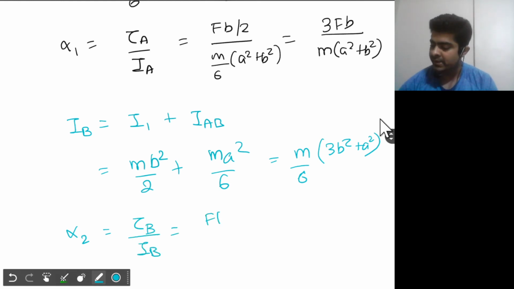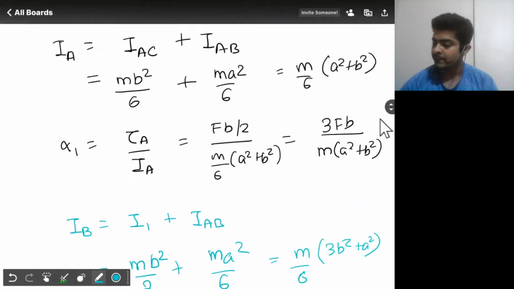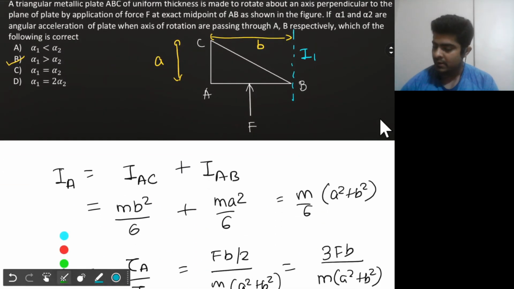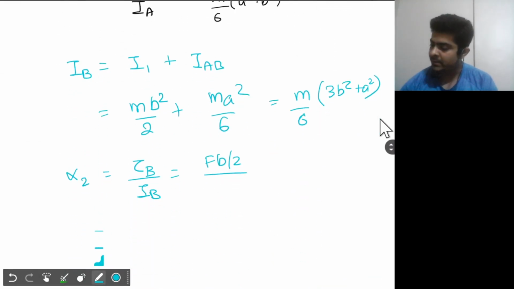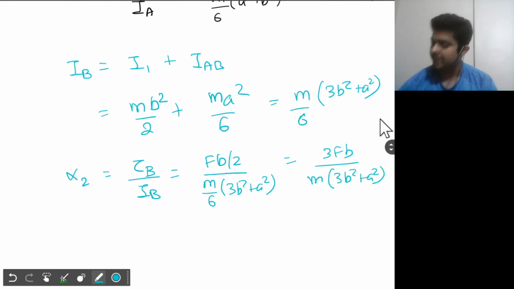So torque about B is again FB by 2. Okay, same reason. Distance of force F and the point B is B by 2. So FB by 2 divided by IB, which is M by 6 (3B square plus A square). So we get 3FB by M (3B square plus A square).